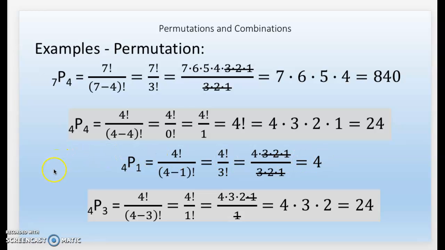Last one I want you to look at: from 4, arrange 3 is 24. It's the same as from 4, arrange all 4.